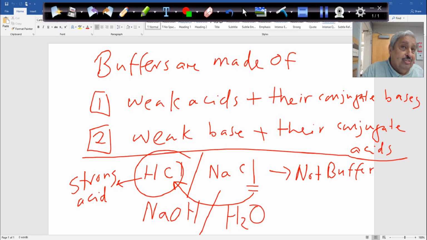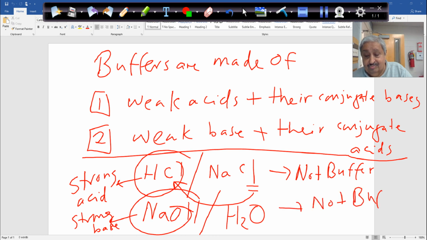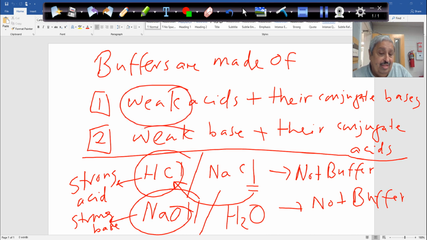Well, you have the conjugate base, but you have this one here, a strong base. So that's not a buffer. You have both the acid and the base you use are weak. They have to be weak, correct?